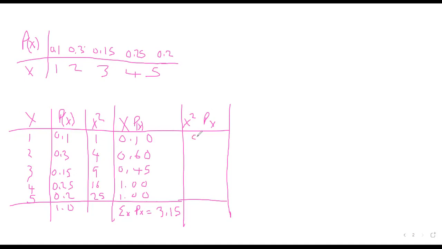So here we're going to get 0.1, and this by that we're going to get 1.2. 9 by this, we're going to get 1.35. 16 by 0.25, we're going to get 4. 25 by 0.2, we're going to get 5.